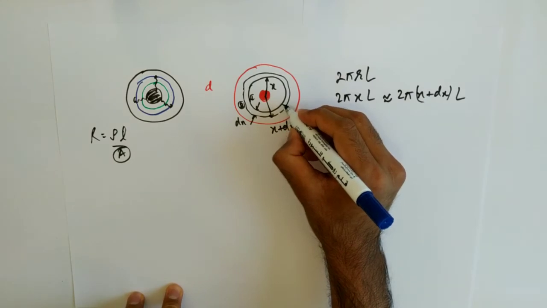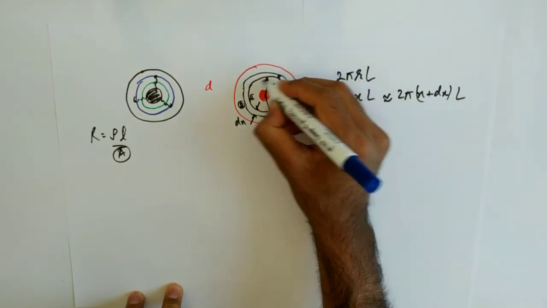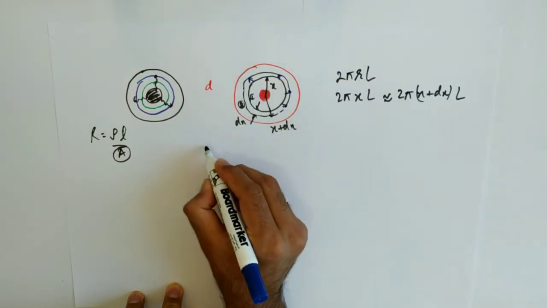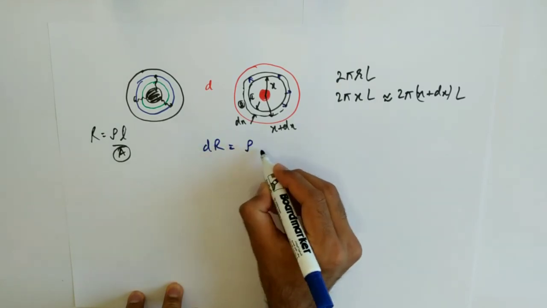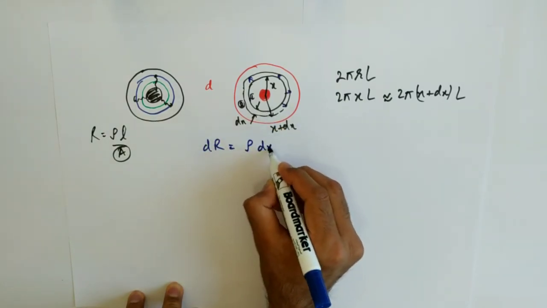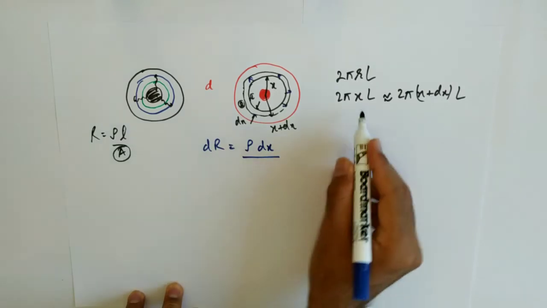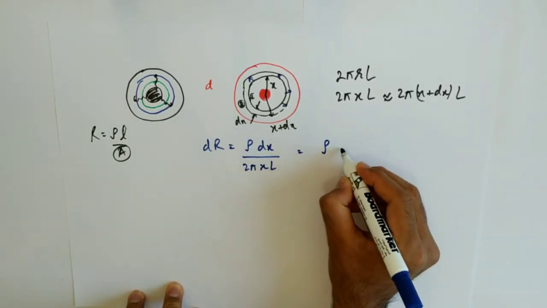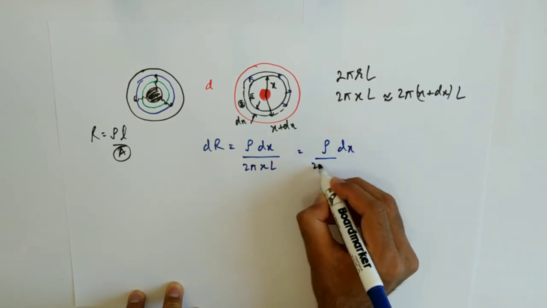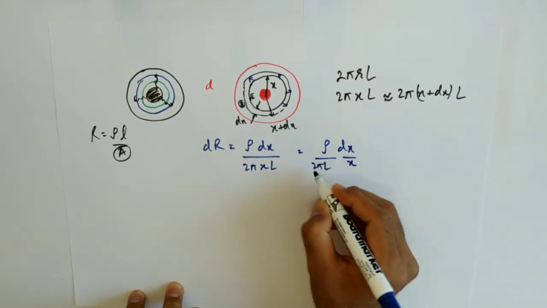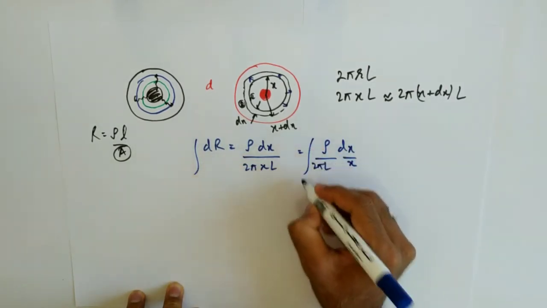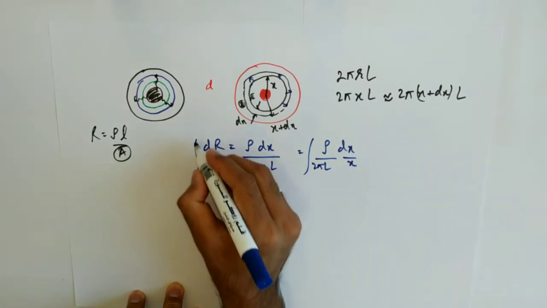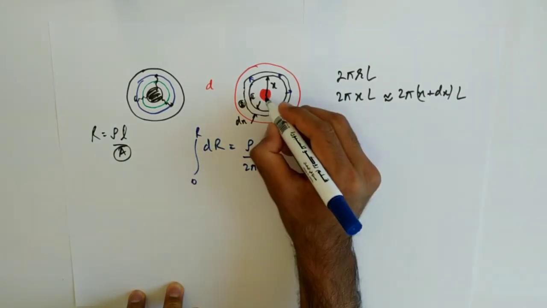If the area is the same, now we can write this formula. The current is flowing only in this section, in this dx length. So your resistance will become rho, L here will become dx, by area 2 pi x l. This can be written as rho dx upon 2 pi l x. Now we integrate this.